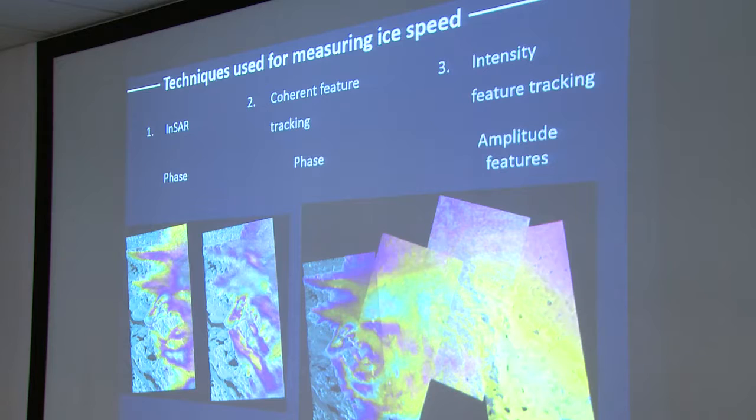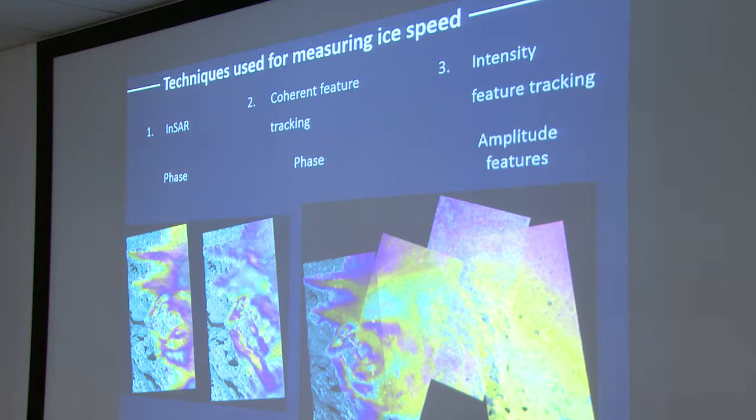You saw some images in Andy Hooper's presentation of what the amplitude image of a SAR frame looks like. It's just a black and white image, and you can see features visibly in the SAR images. You can track those features, such as crevasses or whatever they may be on the ice surface, and do a least squares fit on a prominent feature to measure the offset between two time periods. That gives you a distance of motion within whatever the temporal baseline of the two images is.